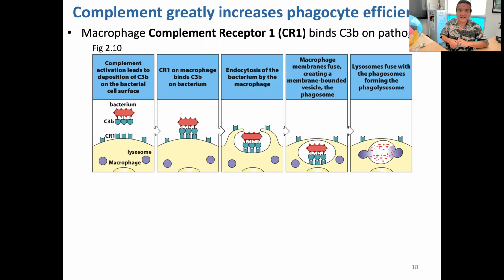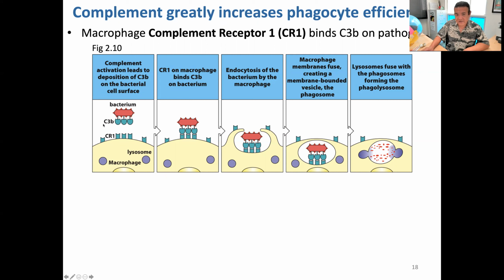So the bottom line is complement greatly increases our phagocytic activity, right? And efficiency of macrophages and other phagocytes to be able to attach to and ingest bacteria. So here's kind of a summary slide here.